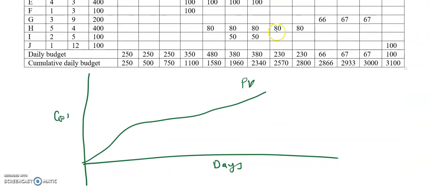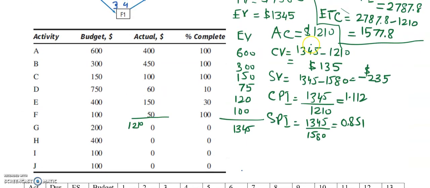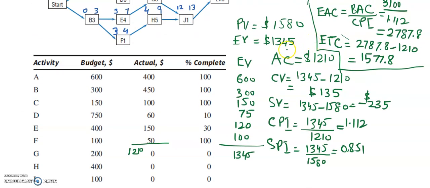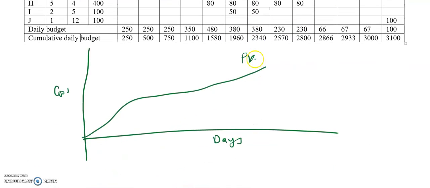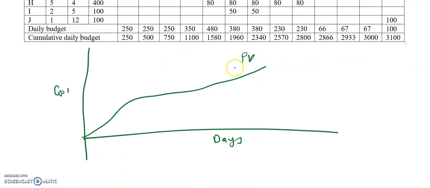For the planned value we have continuous values for day 1, day 2, day 3, but for the earned value and the actual cost, we only have one value by the end of day 5.